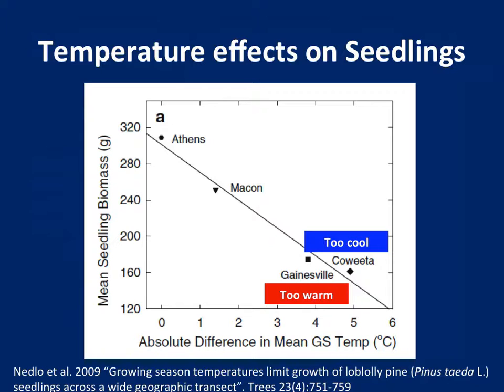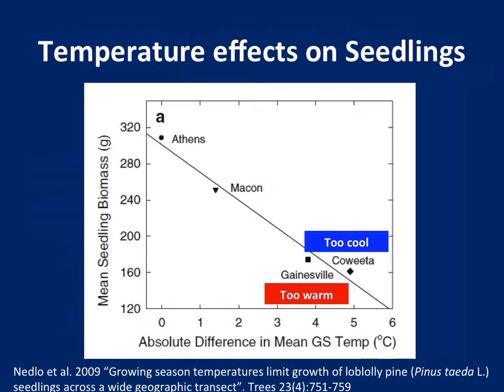Surprisingly, not a lot. There's not a bevy of sites or studies out there that we can draw from, but this is one from Nedlow et al. This is Bob Teskey, Tim Martin, and others, where they planted seedlings in different locations, Athens, Georgia, Macon, Coweta, and Gainesville, and they just tracked their growth over a couple of years, and then they harvested them and measured their mass.